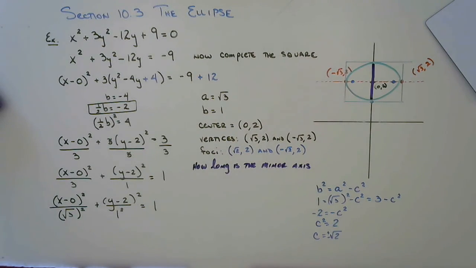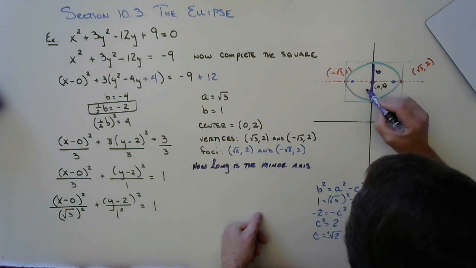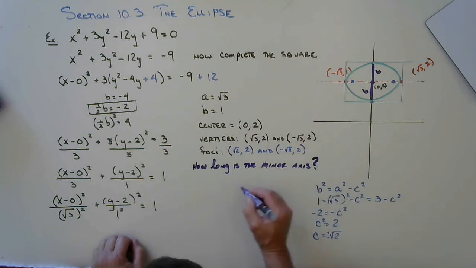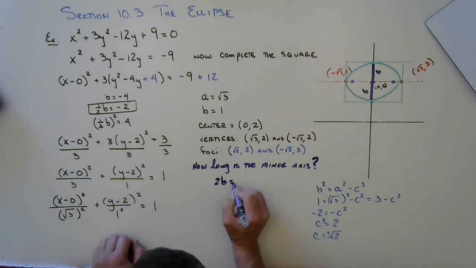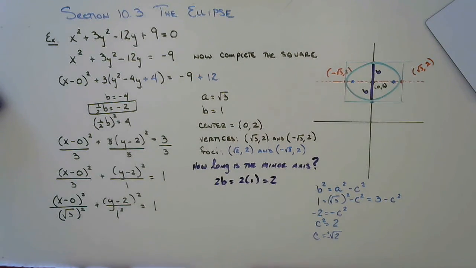We know how long that is. We went B this way, and B this way, so it's 2B. 2B is the answer. And we know that's 2 times 1, or 2. And if we look at our graph, we can see that. All right? So this is a short video on how to do ellipses.